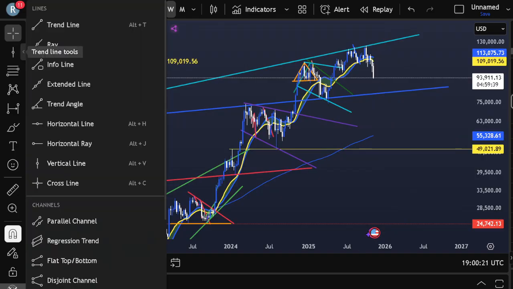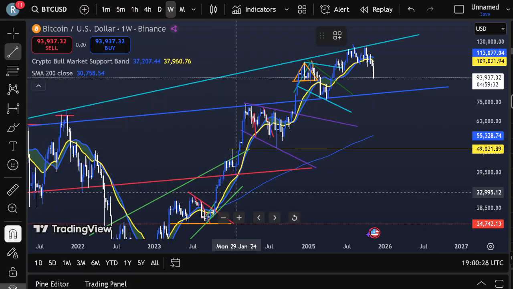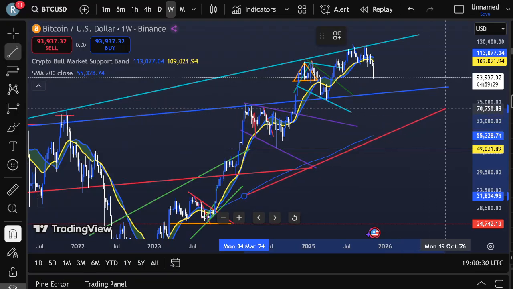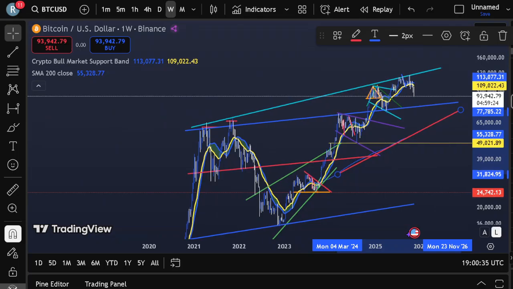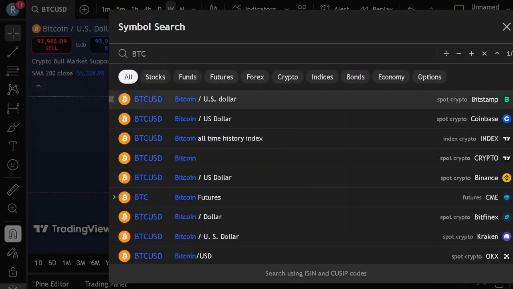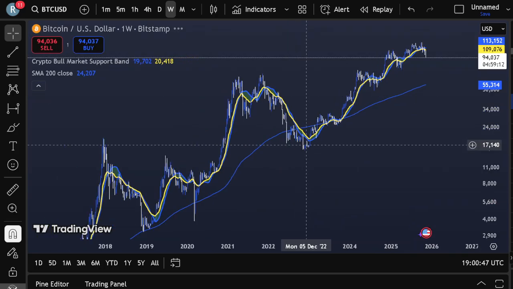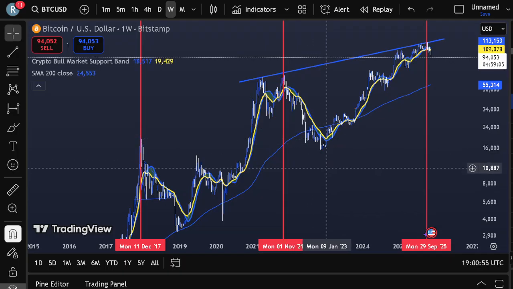So can I draw? Yes, I can draw. So you can see like this. So we can switch to another BTC USD chart, for example this, and you can see in the previous cycle we went even below the 200-week SMA.